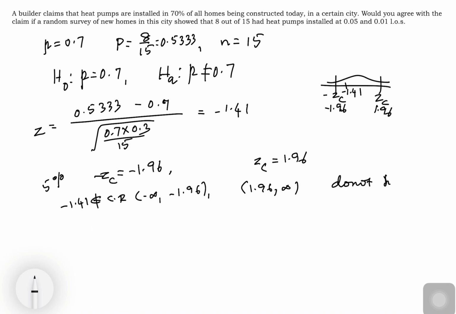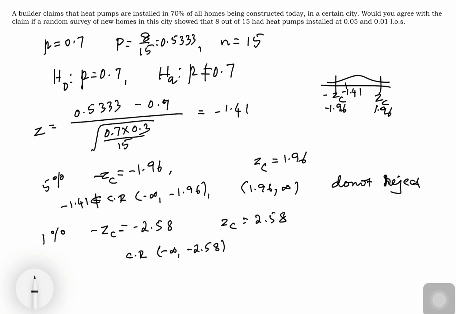Do not reject. Then at 1% level of significance, minus ZC is minus 2.58 and ZC is 2.58, and the critical region is minus infinity to minus 2.58 and 2.58 to infinity.